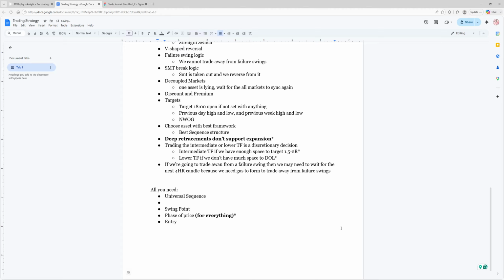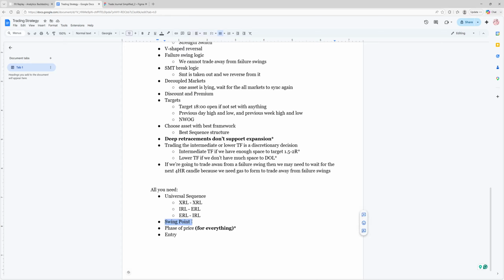That is going to be external range liquidity to external range liquidity, internal range liquidity to external range liquidity, and external range liquidity to internal range liquidity. Once again, if you want to know a little bit more about what these are, go check out Garrett's channel.